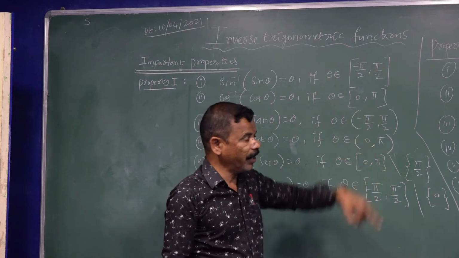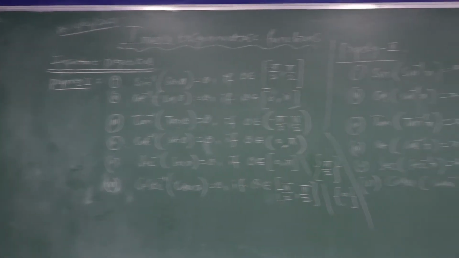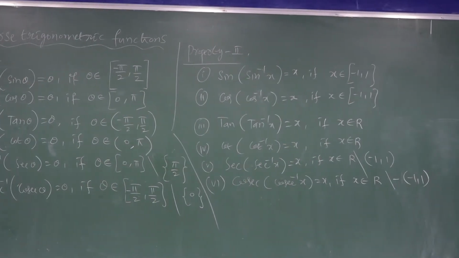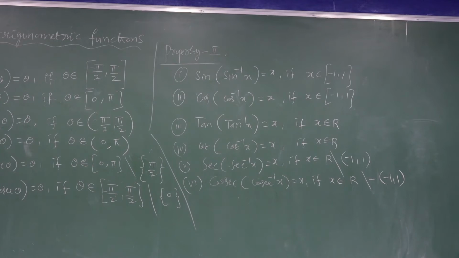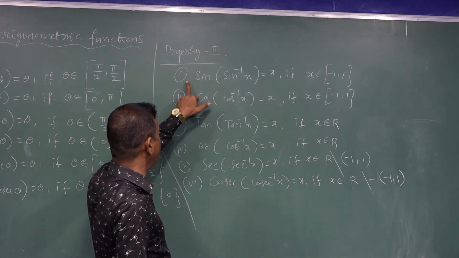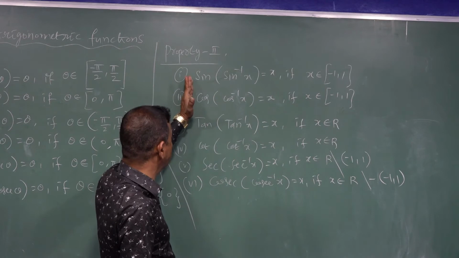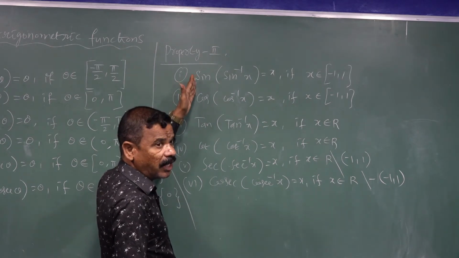After that, property 2. Here, sin, cos, tan, cot, sec, cosec. Here, first sin only, not inverse.